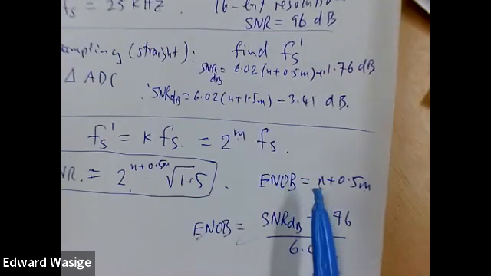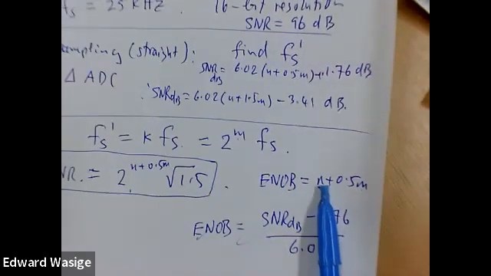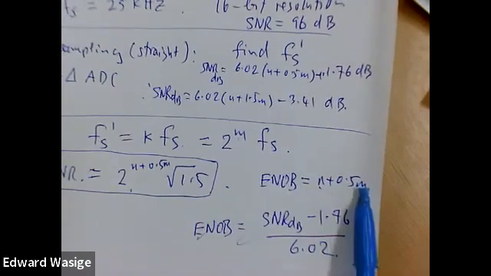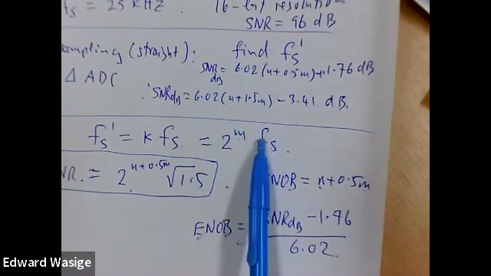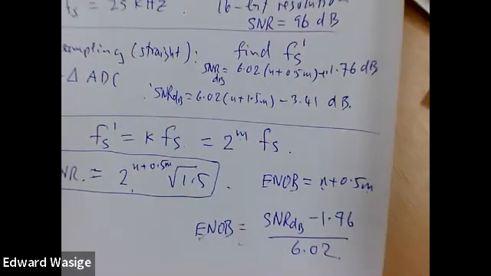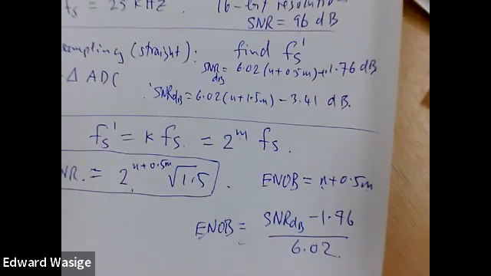So we're looking for 16-bit resolution. We know that n is equal to 1, and therefore m would have to be equal to 10. And so you can put 2 to the power 10 times Fs. You'll find the answer for straight oversampling.